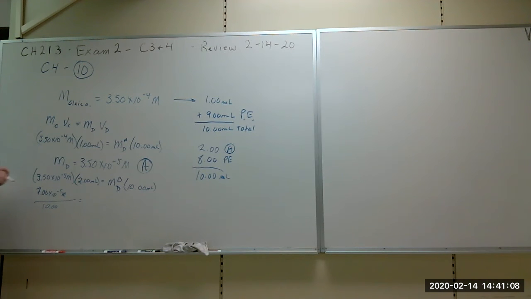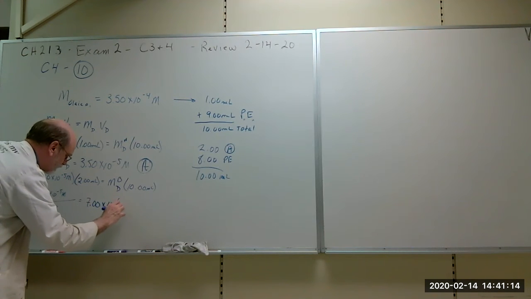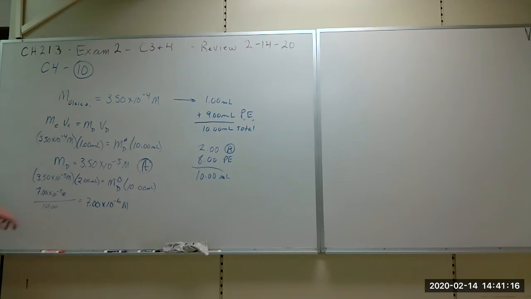So the new concentration is 7 times 10 to the minus 6 molar, right? Because we're dividing by 10, which reduces this exponent by another 10. 10 to the minus 6. Let's see, that's number 10. It should be, yeah, 7 times 10 to the minus 6.